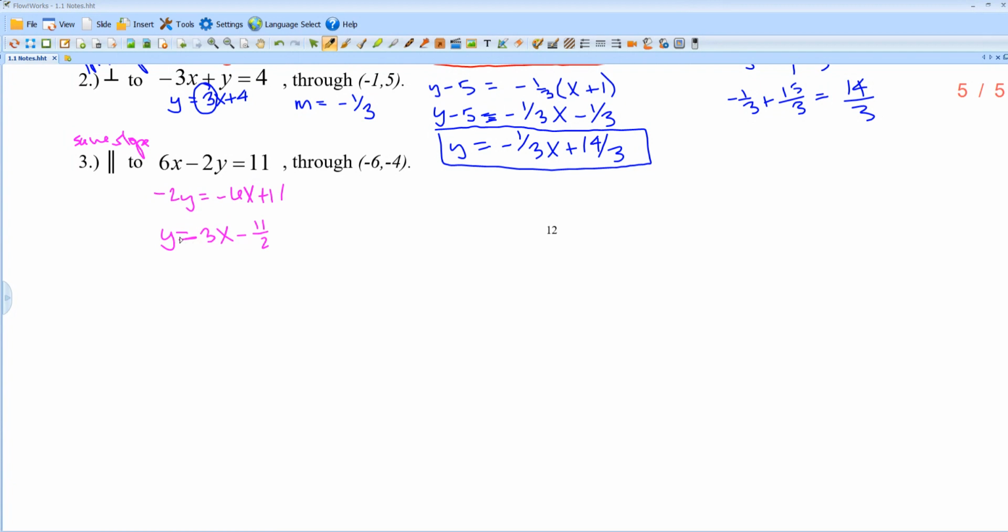Honestly, if I did that wrong, it wouldn't matter because all I needed from this was the slope. So our slope is going to be the same slope, 3. So we'll have y plus 4 equals 3 times x plus 6. We get y plus 4 equals 3x plus 18. So y equals 3x plus 14.